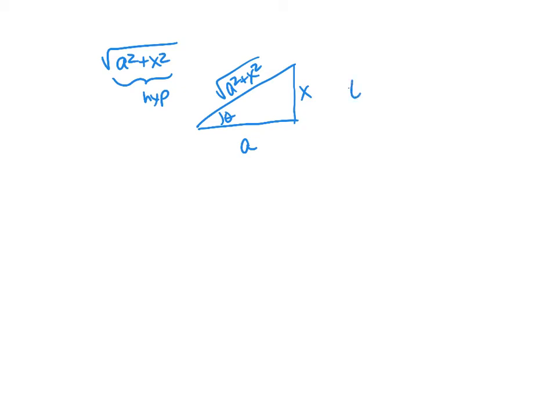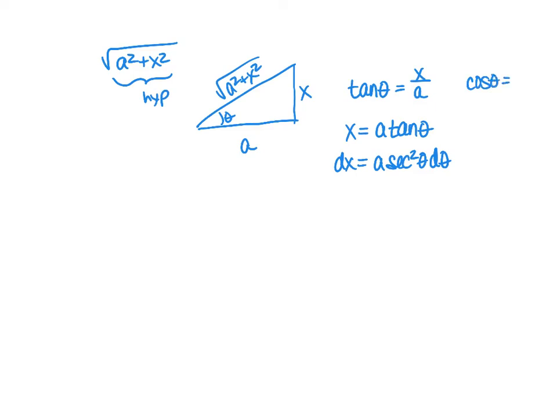So I see that the tangent of theta is x over a. So x is equal to a tangent theta, and dx is a secant squared theta d theta. We can also say that the cosine of theta is equal to a over the radical a squared plus x squared. Rearranging it, we can find the radical of a squared plus x squared can be written as a over the cosine of theta, or can be written as a secant theta.